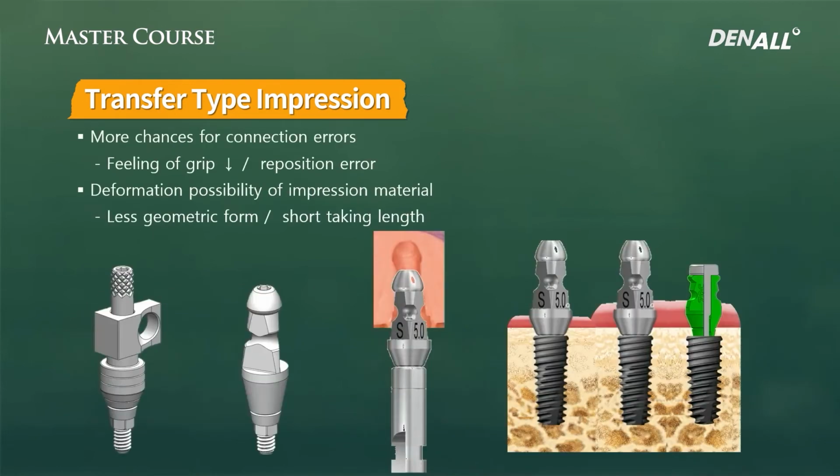Let's compare transfer type and pickup type. Compared with pickup type coping, transfer type is designed so that the impression material comes off easily, therefore it is less geometric. In the blue portion of the pickup coping, you can get a very good sense of grip.